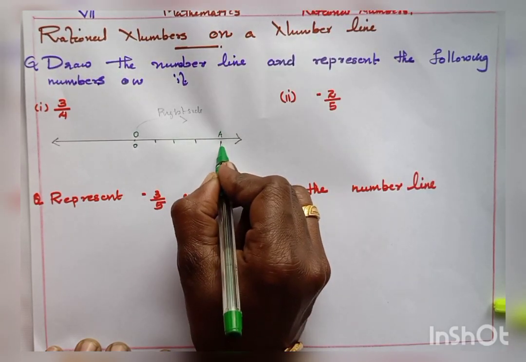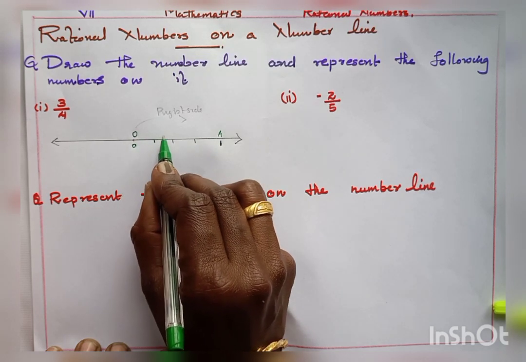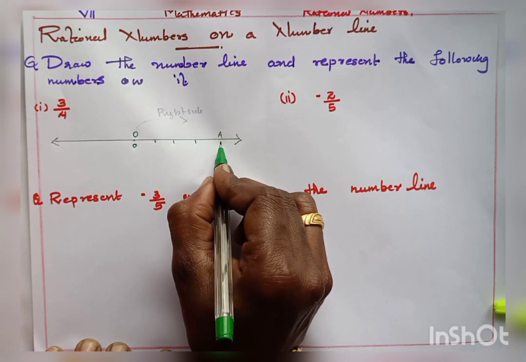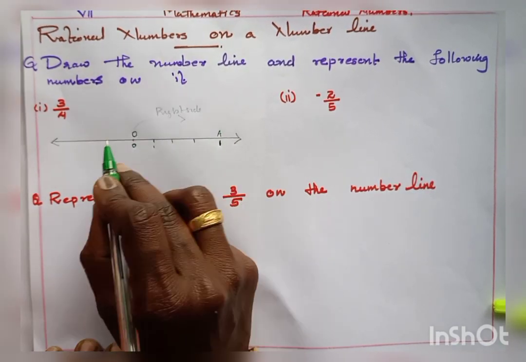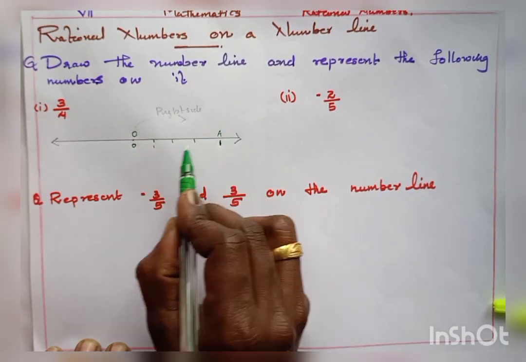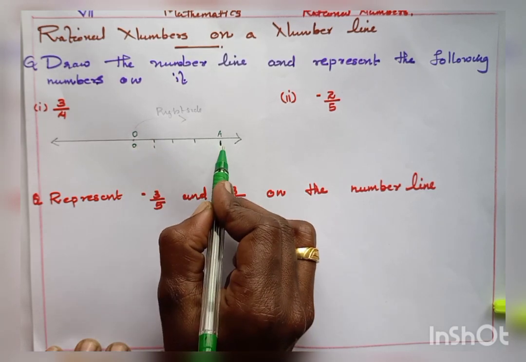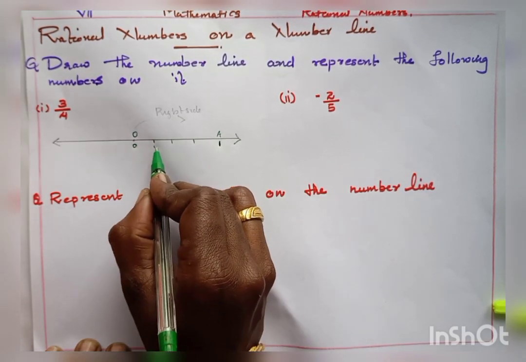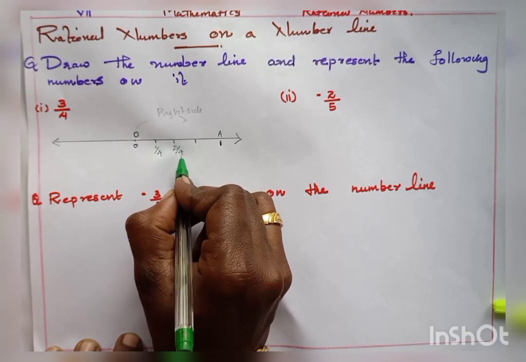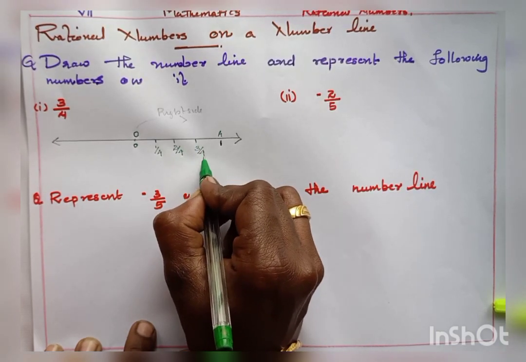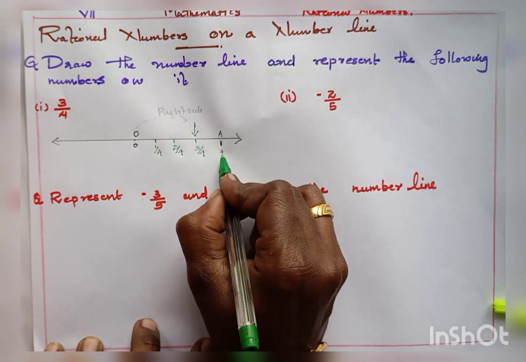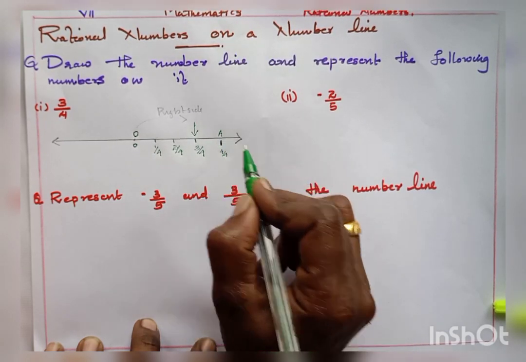Between O and A, 1 unit, this 1 unit is divided into 4 equal parts. The first part is 1 by 4. The second part is 2 by 4. This is 3 by 4, which we want to represent. This is 4 by 4, and 4 by 4 is equal to 1.